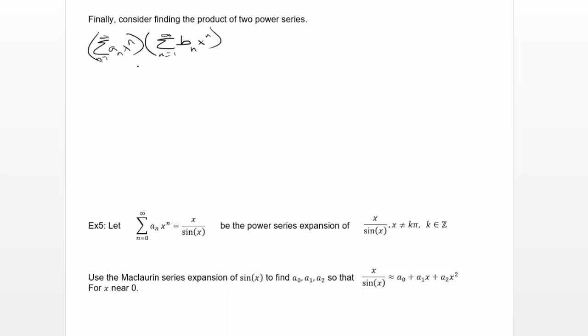I'm multiplying those two things together. What will I get? Well, this first thing is just a polynomial that starts at a0, a1 x to the 1, a2 x squared, a3 x cubed, and you keep going. Then multiply that by the same thing just with b's.